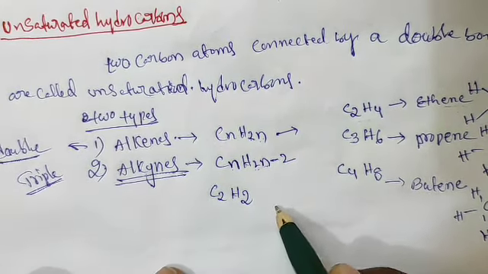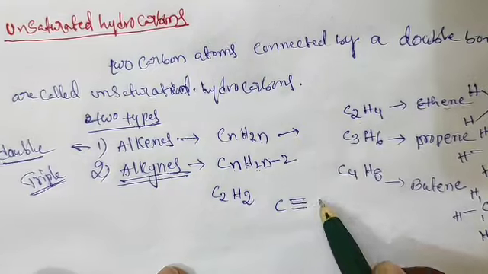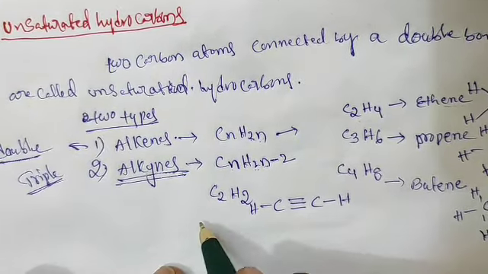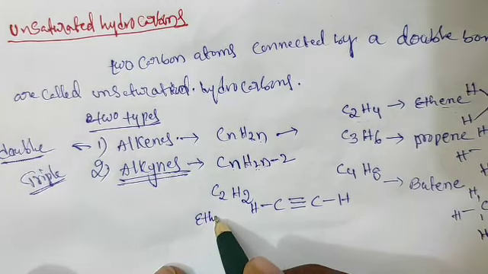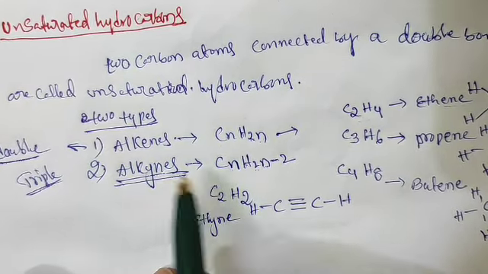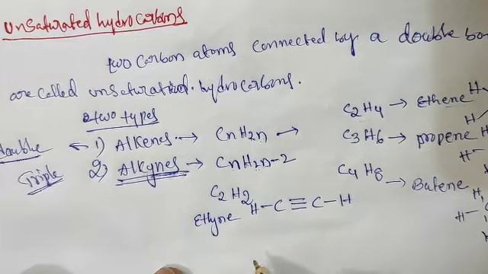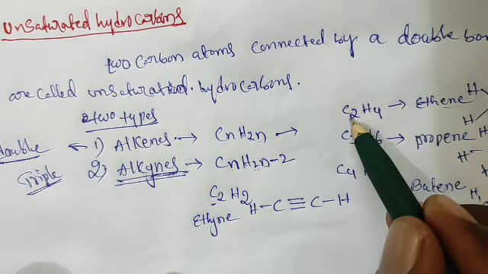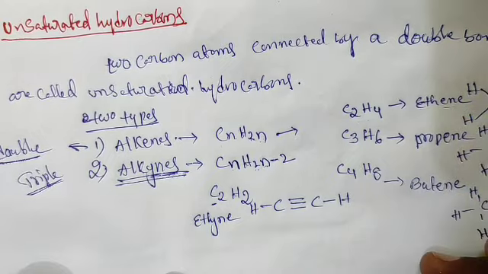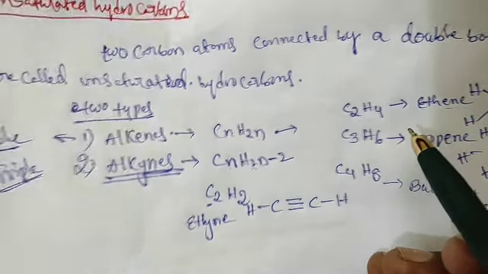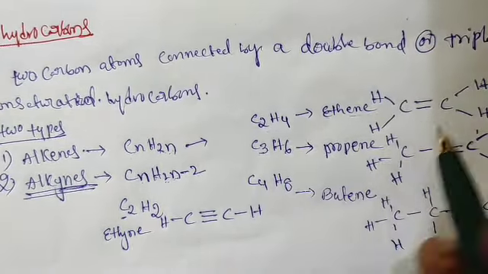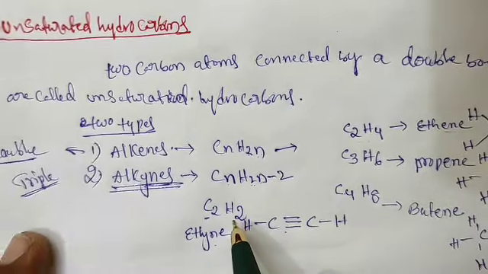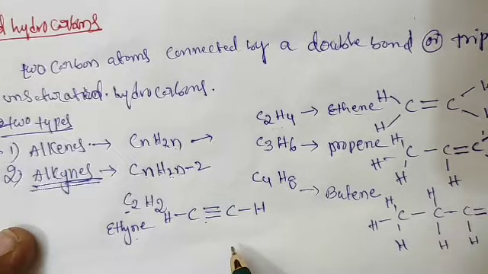Structure of C2H2 is C triple bond C, with a hydrogen on each. So this name is ethyne. Eth means 2 carbons here also, but ene means a double bond is there in the structure, here a triple bond is there, so that only yne. Alkyne means triple bond.